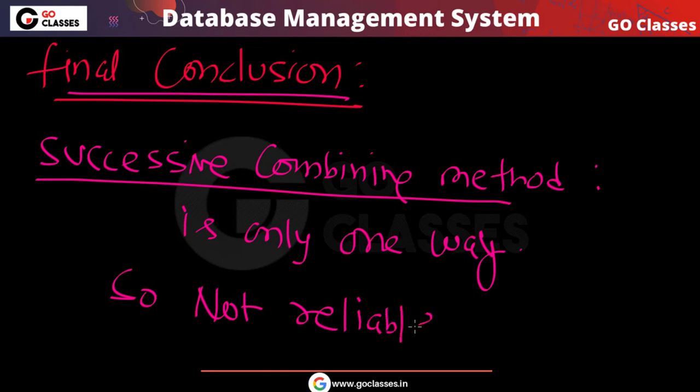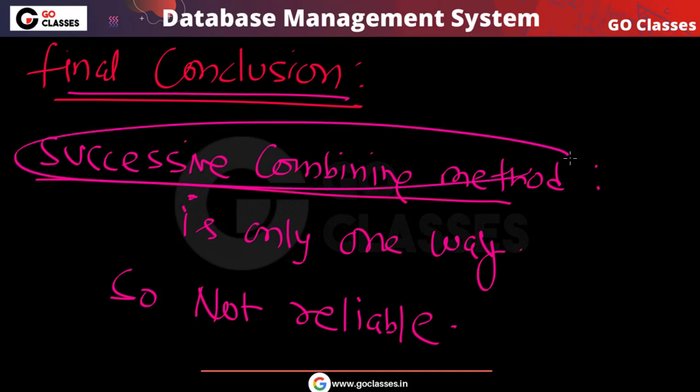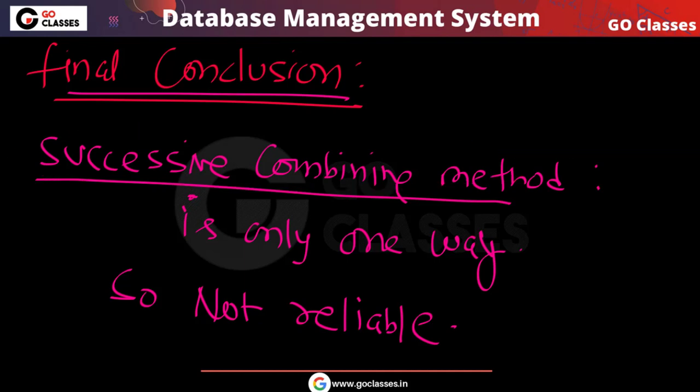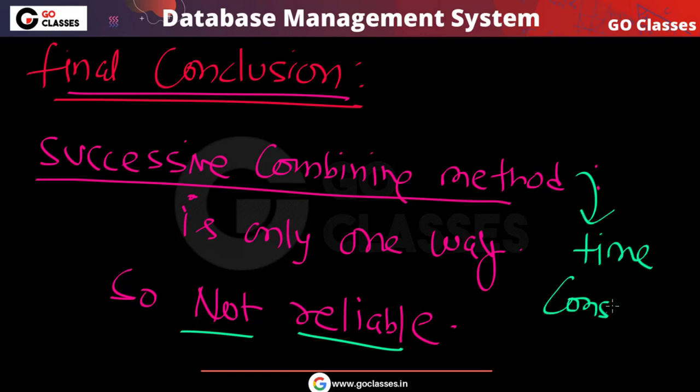Because if this method says the answer is lossless, then the answer will be lossless. But if this method says the answer is lossy, then the answer may or may not be lossless. So this is not reliable. Also, this method is actually very time consuming.